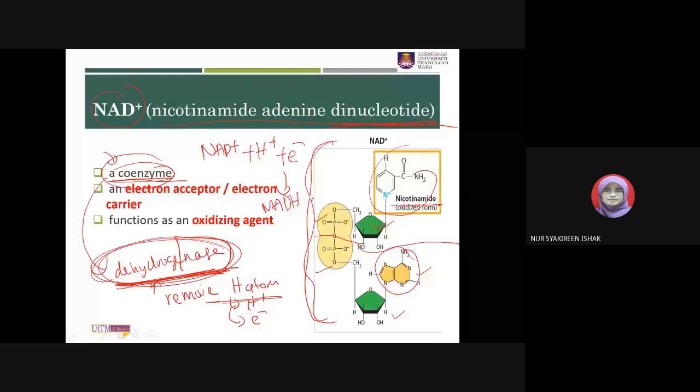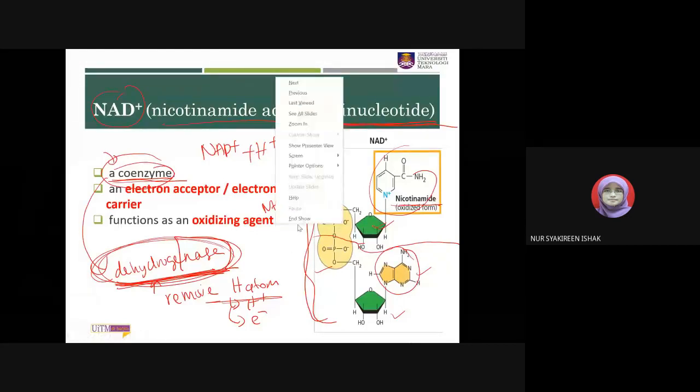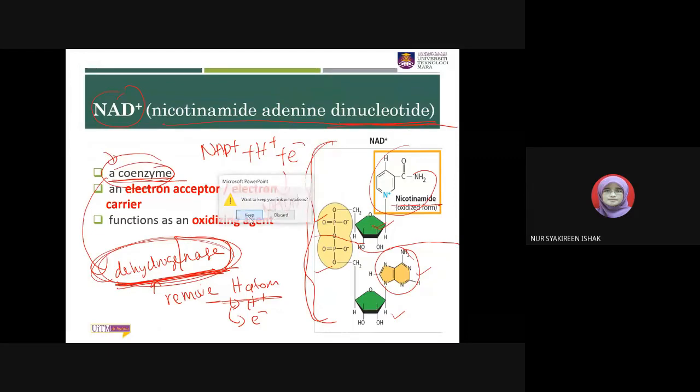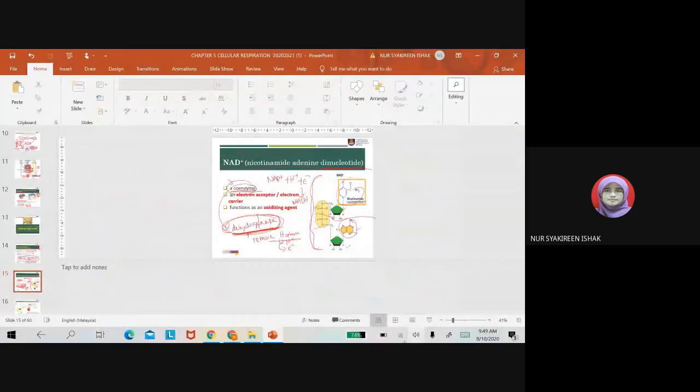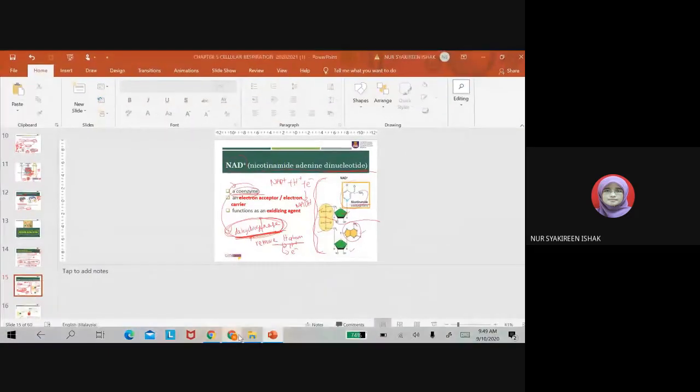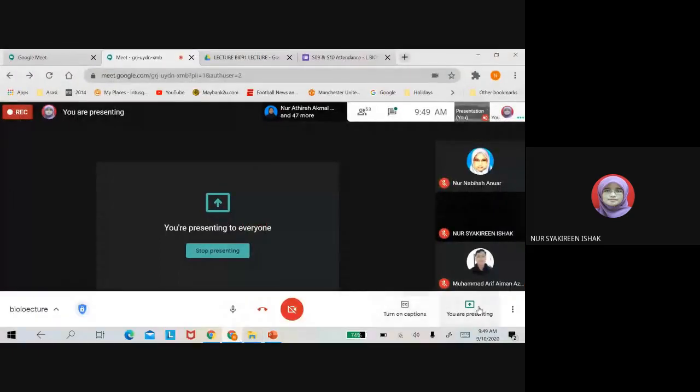Madam, suara madam tak clear. Putus ke? Putus. Saya nak tukar. Dah daripada slide mana? Saya dari slide NAD+ yang baru ni, slide yang pasal coenzyme tu.